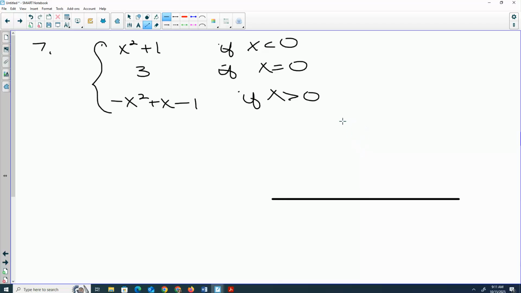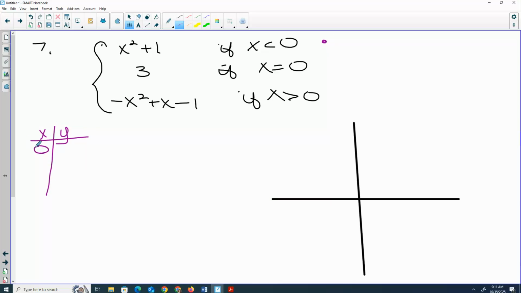So that's where I'm going to begin. Alright, so for the top piece, even though it's only for x is less than 0, you have to plug in the 0, but what kind of circle would it be? Open. And then you need things smaller than 0, so maybe -1 and -2.